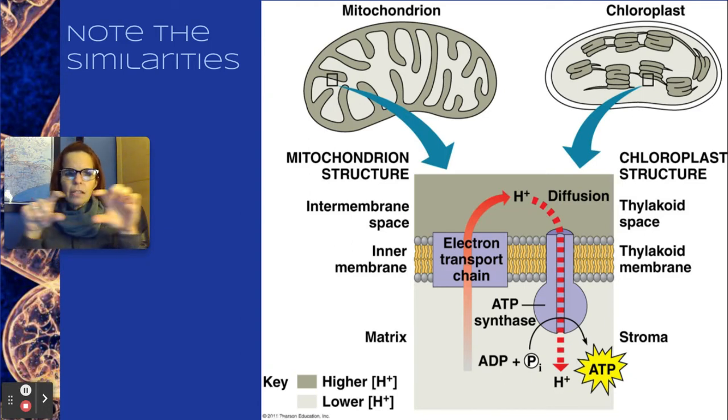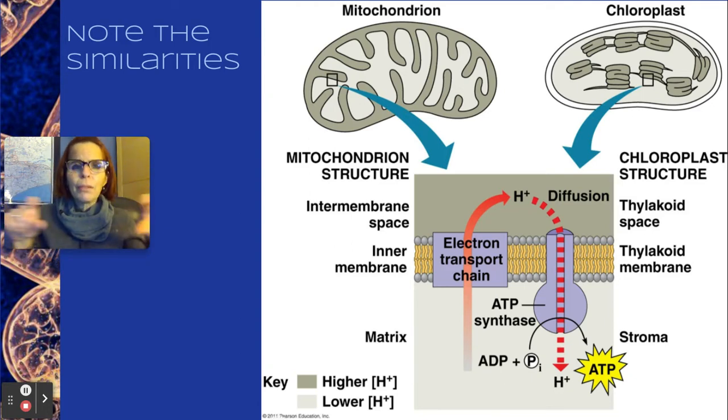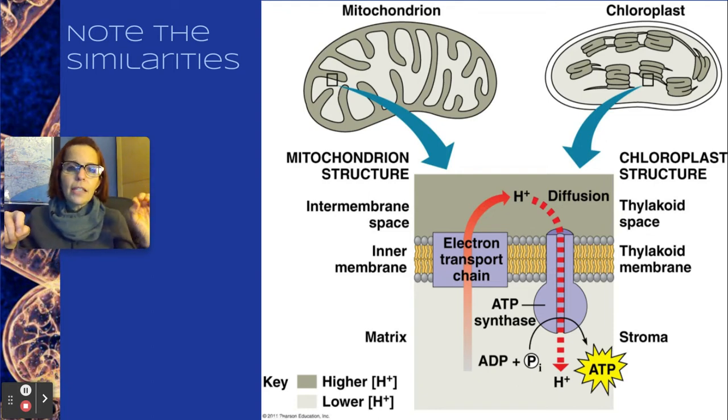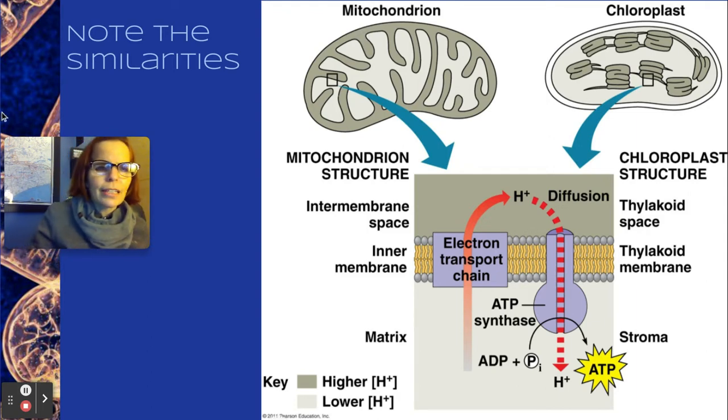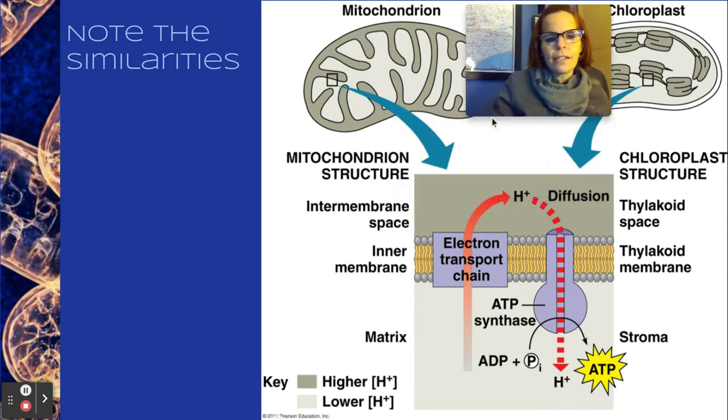The membrane that you see, the lipid bilayer, that's the cristae, the inner membrane of the mitochondria, or it's the thylakoid membrane in the chloroplast. And then the liquid where the ATP is being formed, that's the matrix of the mitochondria or the stroma of the chloroplast.